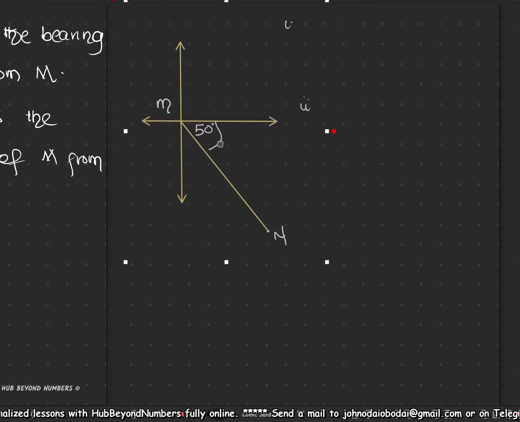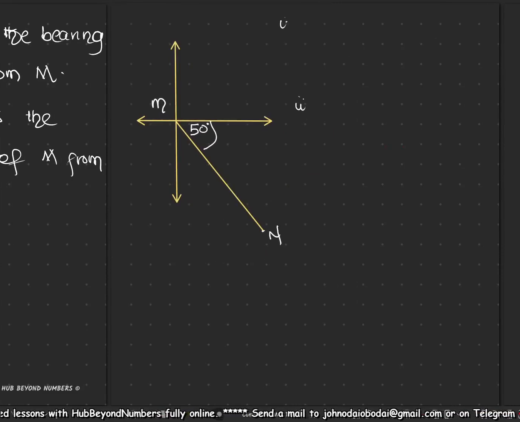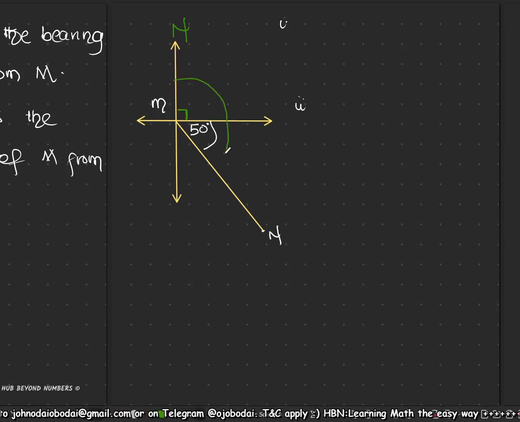So this is what we have here. Now we want, first of all, this angle here. But we know that there is already 50 here. You see, if our north is here, we know this here also forms 90 degrees. Now if this already forms 90 degrees, then if we want this whole angle here, it's going to be the 90 plus the 50. And that will give us the bearing of N from what?